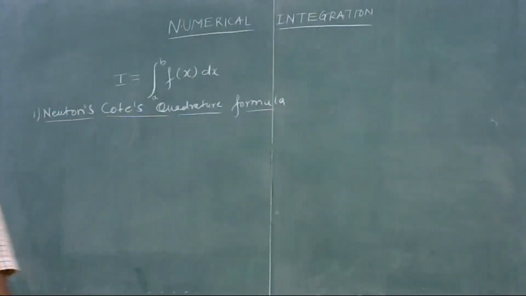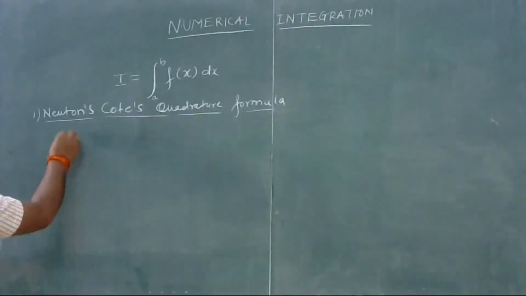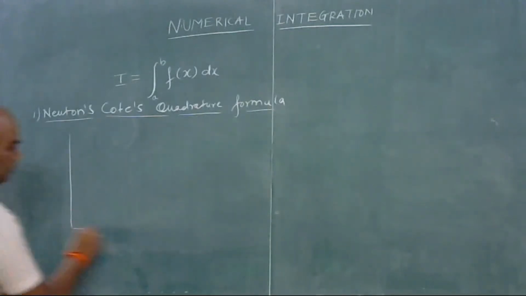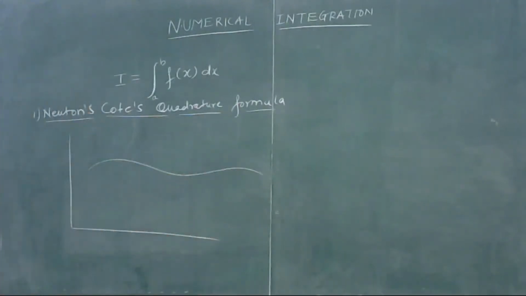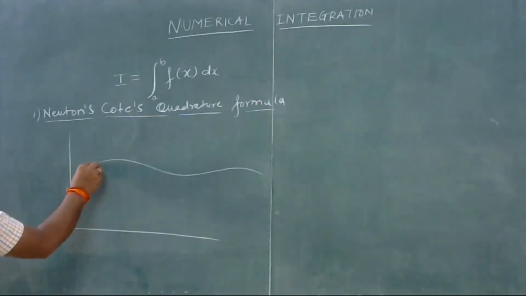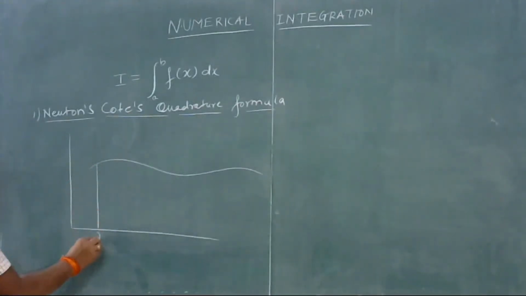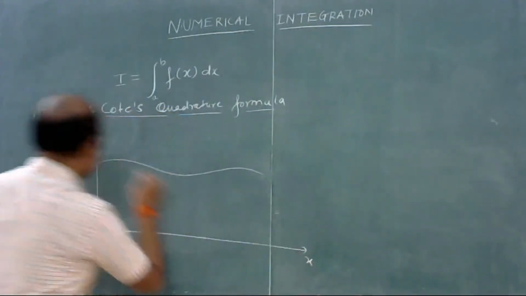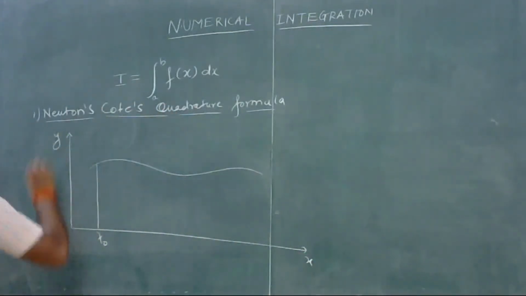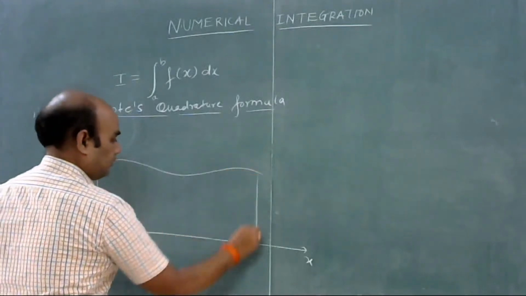Okay, so let's suppose we have a curve like this, and the initial point is x naught, and this is x n.